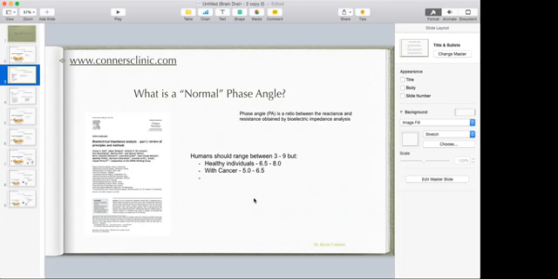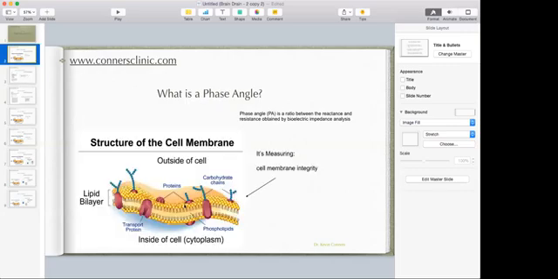And that's the biggest thing that decreases a person's phase angle: the health of their cell membrane, or the ill health of the cell membrane. So what causes ill health of the cell membrane? Well, all sorts of things can get embedded in the cell membrane that are unhealthy.